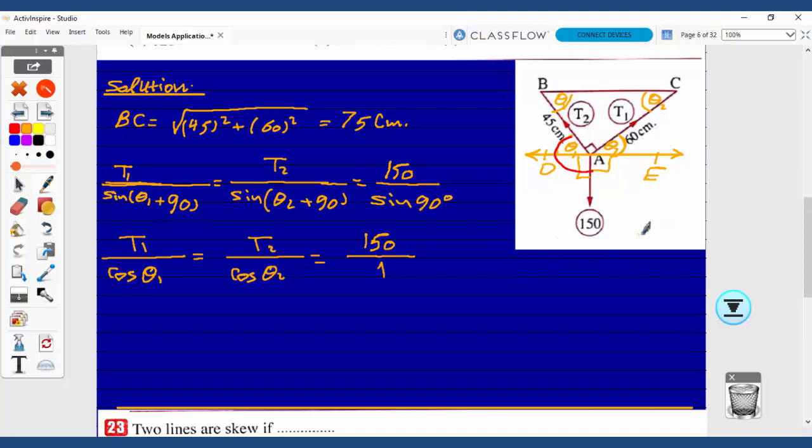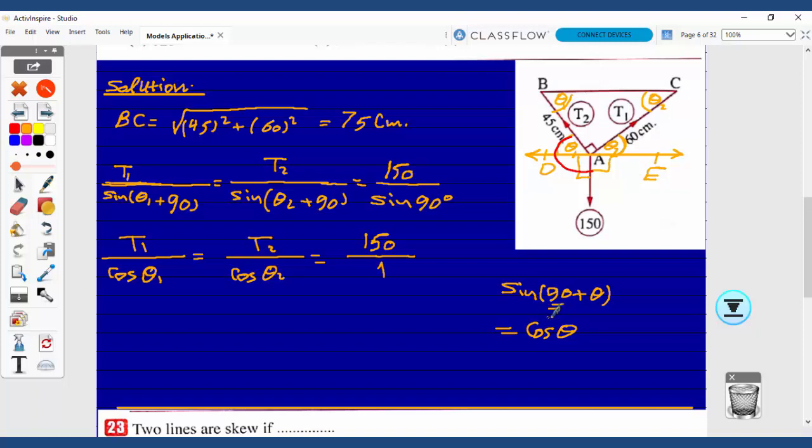Remember that sine 90 plus theta equals cosine theta.